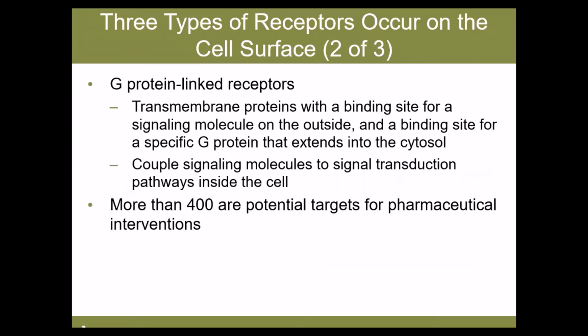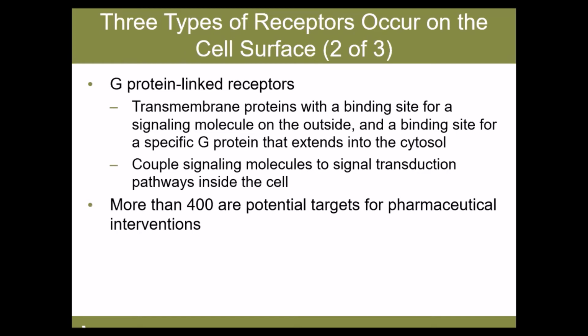I mentioned this earlier. This is what's called a G protein, the second example of a receptor you'll find, a G protein linked receptor. We'll look at the picture of that as well. Let me read over a little bit of this, and then I'll explain it. You have, again, protein receptors, transmembrane proteins. They have a binding site for a signaling molecule on the outside, just like we said before.